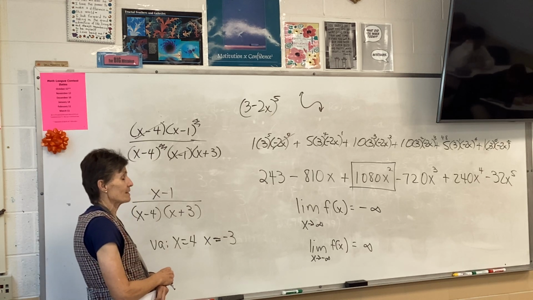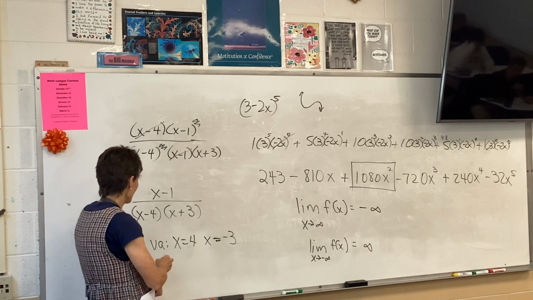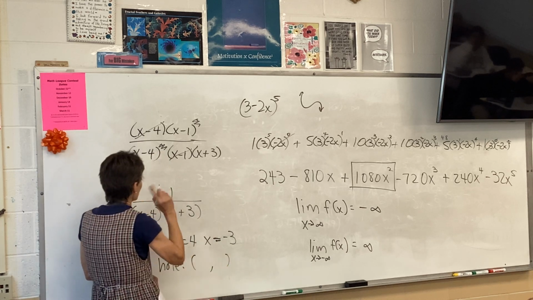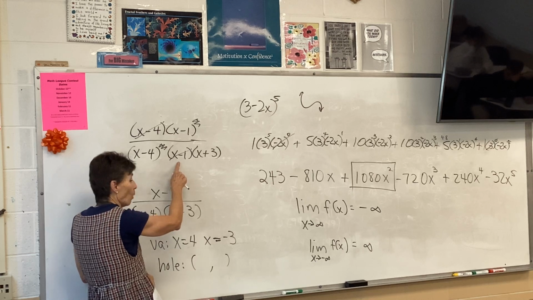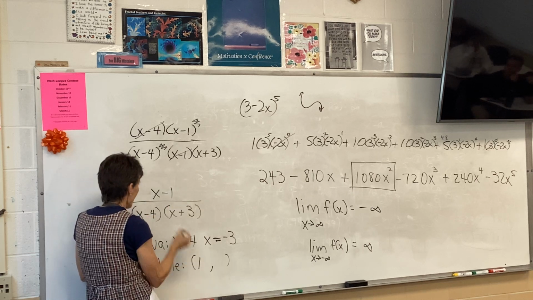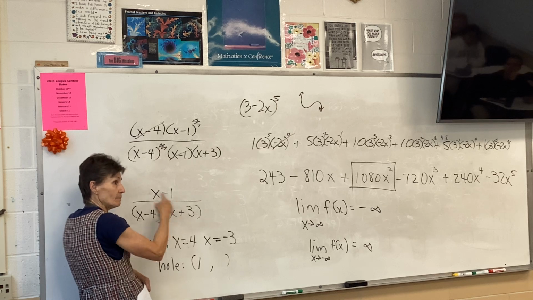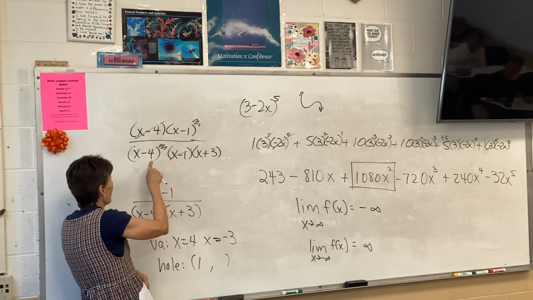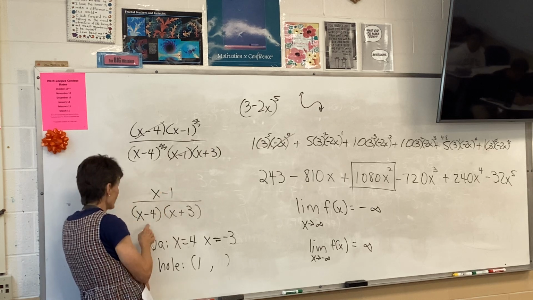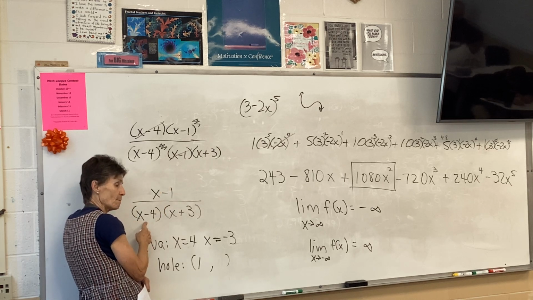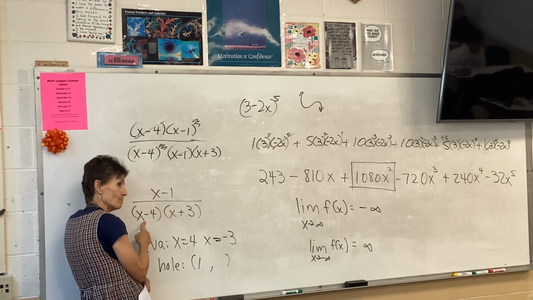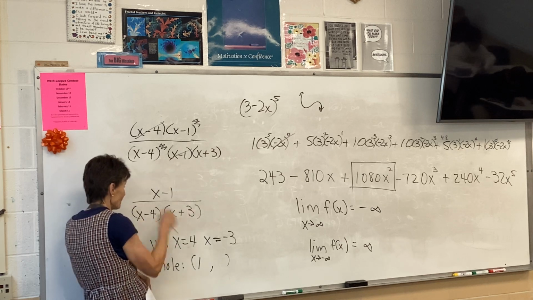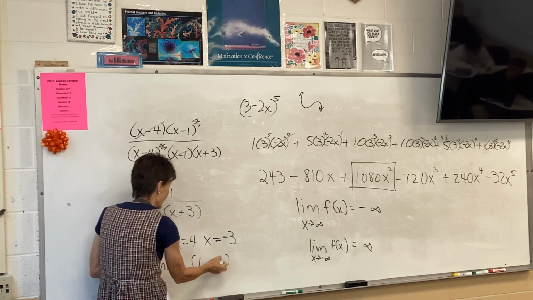Anything that canceled will allow you to plug that number back in. So for example, I canceled out a 1, and I can plug 1 in here, right? That's going to be a hole. Now, I also canceled out a 4, but I can't put 4 into my problem, so that is not a hole. That's a vertical asymptote. This is a hole because I can plug 1 back in and I get 0.